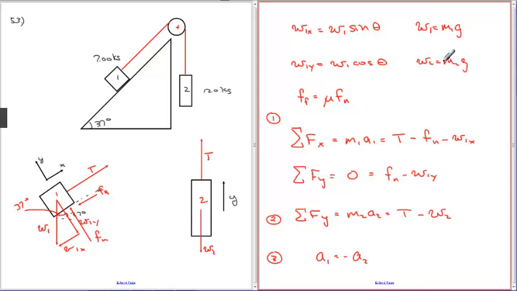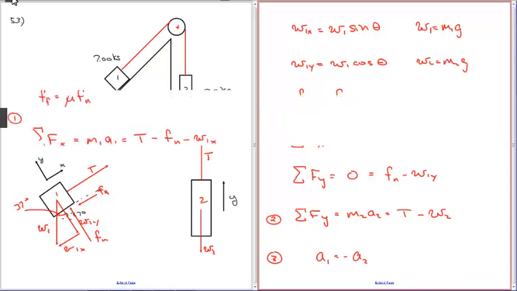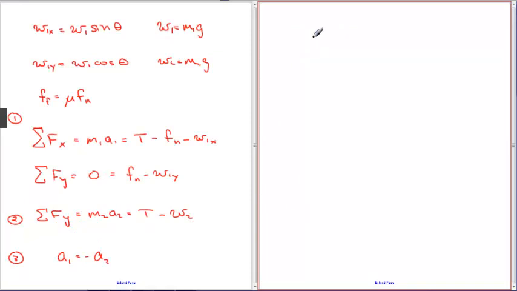Now, you'd be tempted to stick numbers in here, but it's not as bad as it seems. So let's start with this one. We know that we can calculate W1y from the geometry, and we'll substitute for W1y at the end. So the first thing we can say is that the normal force, and I just realized I've got a mistake here, this should be the friction force here, not the normal force.